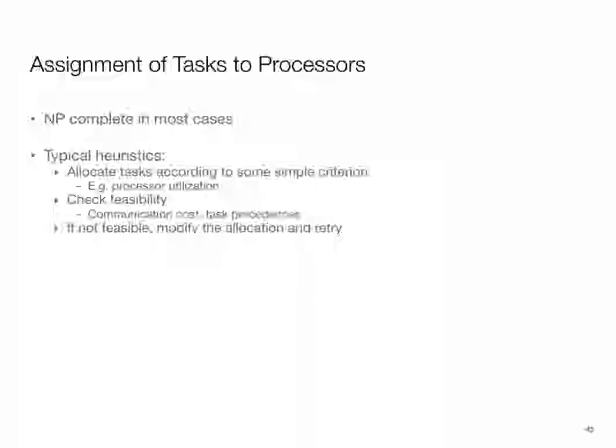Unfortunately, this assignment problem and the scheduling problem are interlinked, in the sense that given an assignment, I can do a good scheduling, but that may not be the best scheduling. So I may have to go back and revisit my assignment. The two are interlinked, but usually with heuristics you solve them in some order and then iterate on them. So typically, for assigning tasks to processors, you may resort to some heuristics.